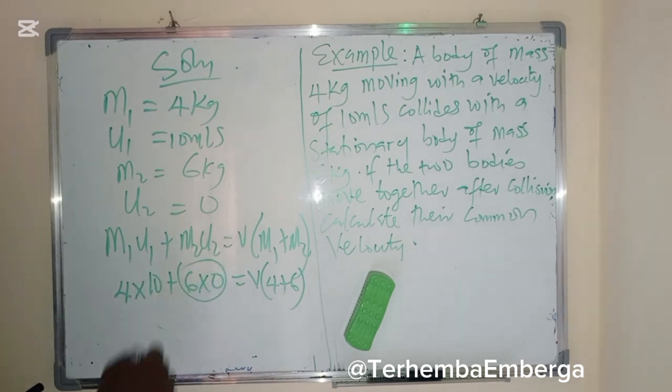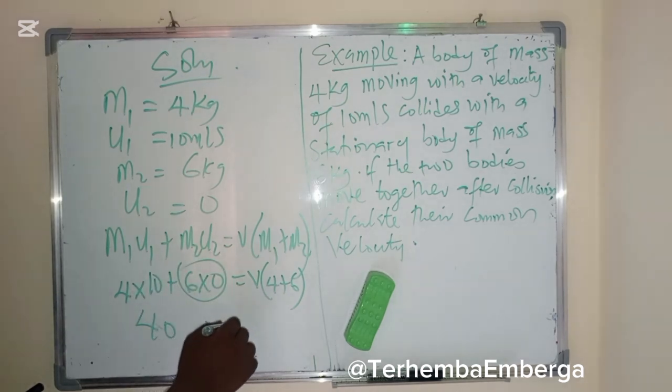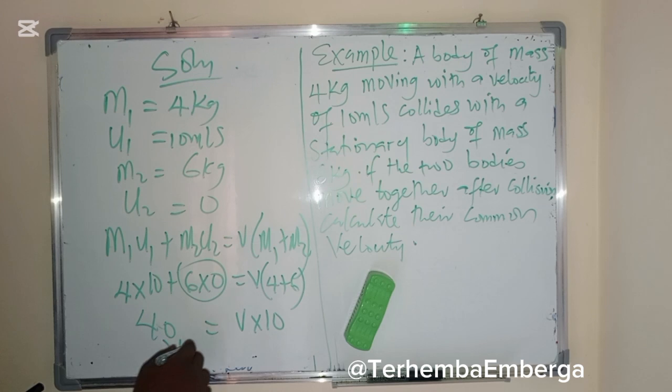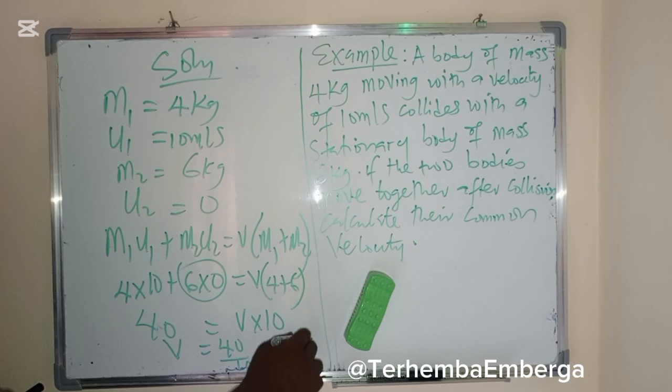Now the whole of this term will go. So we have 40 equals V times 10, because 4 plus 6 is 10. And V will be equal to 40 over 10, which is 4 meters per second.